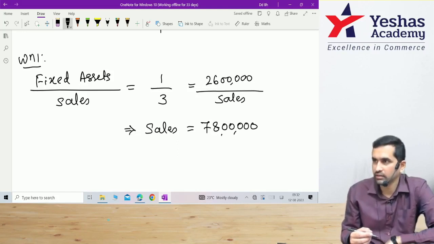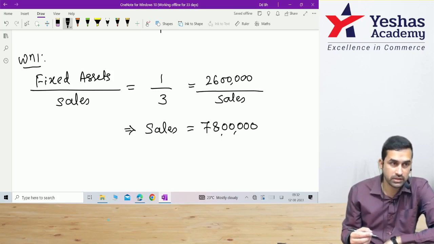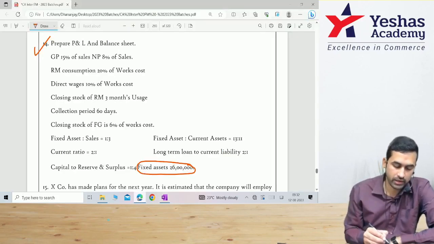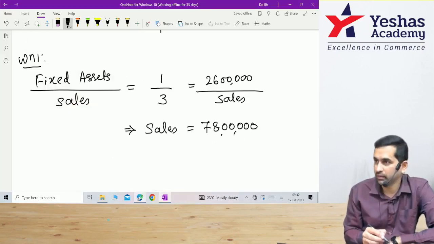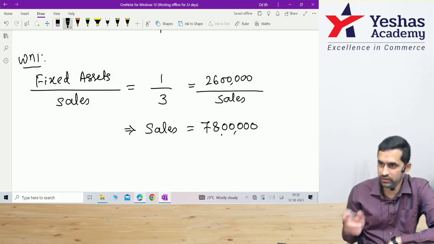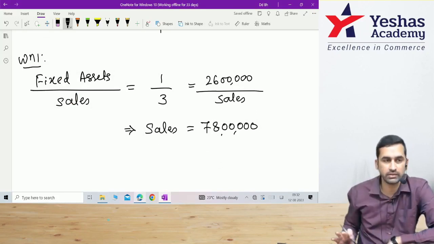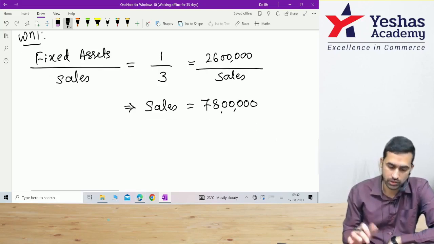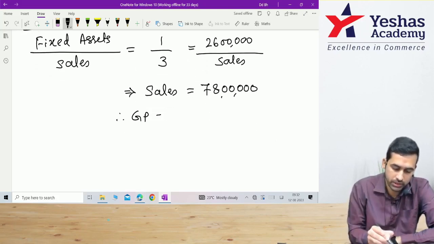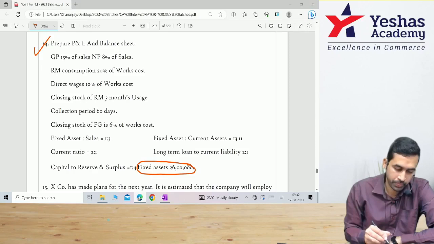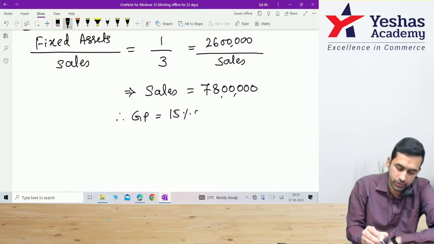Before I do anything, go back to the question. In the first line itself you had both GP and NP. You can complete it here itself and fill it in P&L account as well as in trading account. Therefore, GP is equal to 15% of 78 lakh.